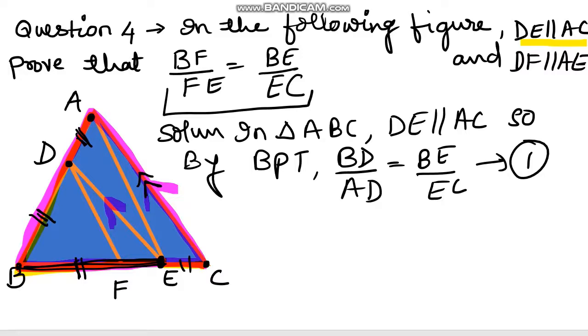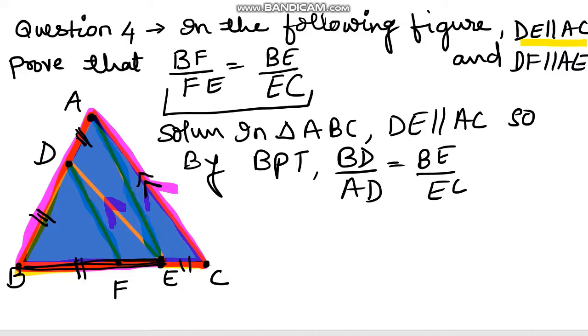Now let us go for the next, DF parallel AE. Let us see in which triangle this comes. This is your DF, DF parallel to AE.